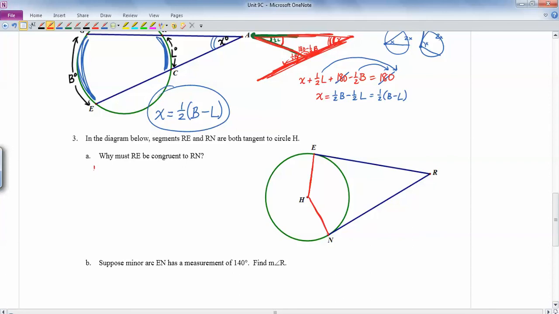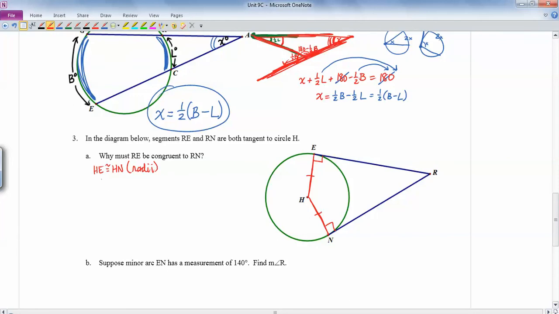So I know HE is going to be congruent to HN because they're both radii. Right? All the radii have to be congruent. So I'll mark those congruent. And then I know that since it's a radius drawn to tangents, these guys are going to form right angles. Remember that property. It's like the bike wheel and the spoke with the ground here. It has to be perpendicular to the ground.